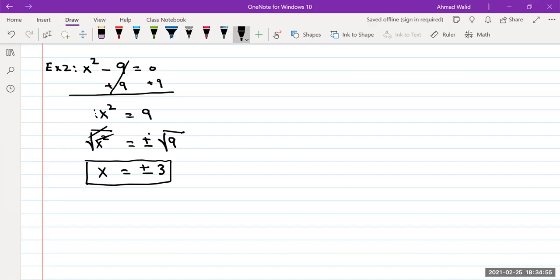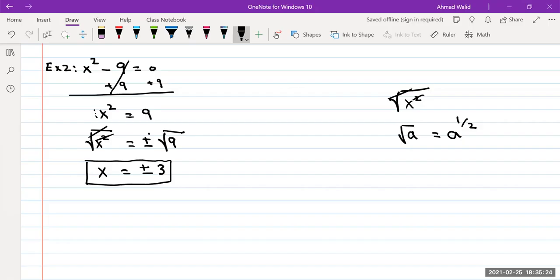Some of you may ask why I'm doing this. What is the reason behind it? Let me explain to you. This is actually a topic that we discuss in intermediate algebra. The square root of a number, if you write it as a rational exponent, means a number to the power of 1/2.